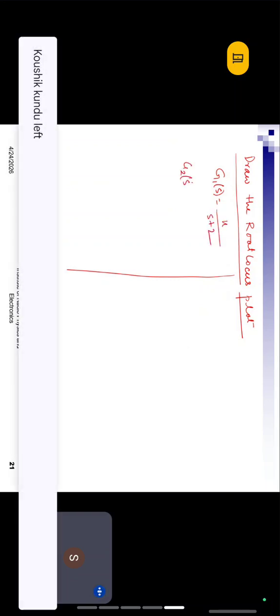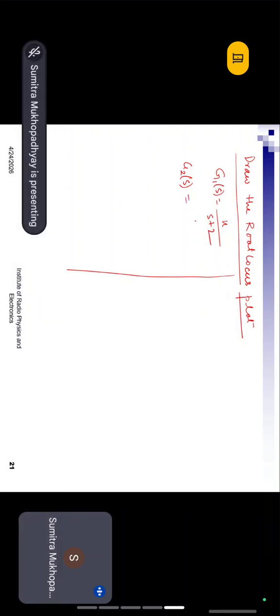G2 of S, we are adding poles actually: A divided by S plus 2 into S plus 4. G3 is A divided by S plus 2 into S plus 4 into S plus 8. This is one set of problems.